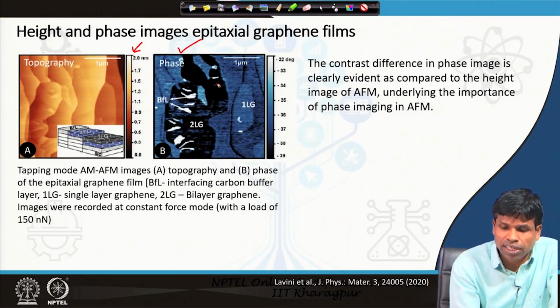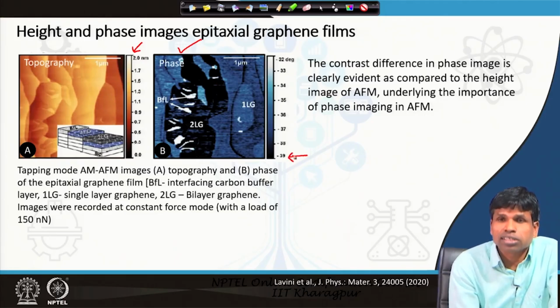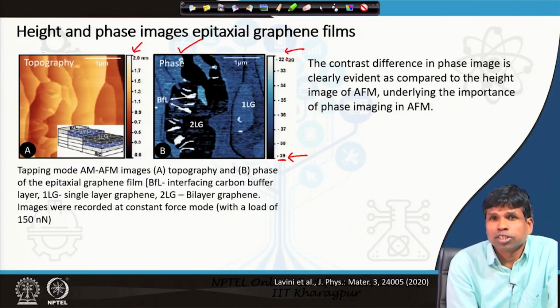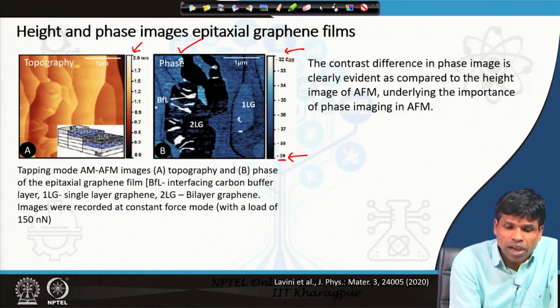The darkest part is minus 39 degree phase shift, and the lightest part is minus 32 degree. The brightest part, with less shift, minus 32 degree, is due to the buffer layer, a carbon buffer layer.